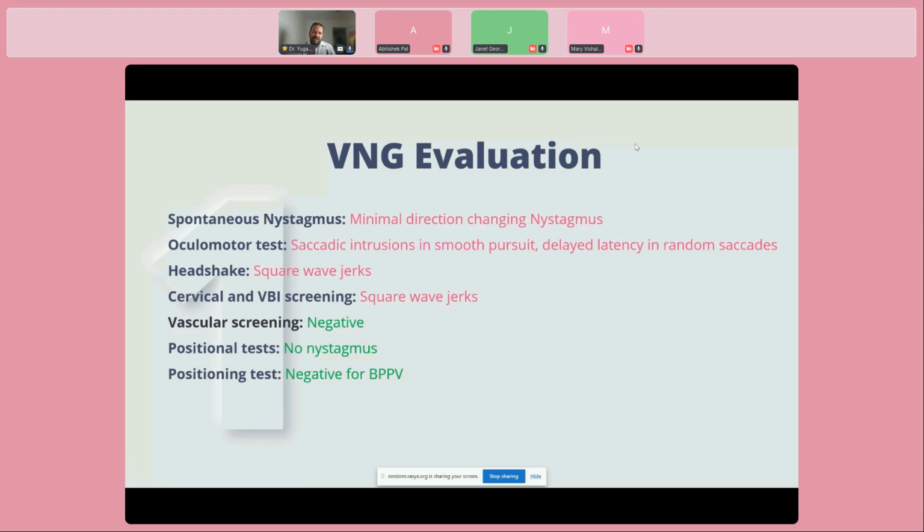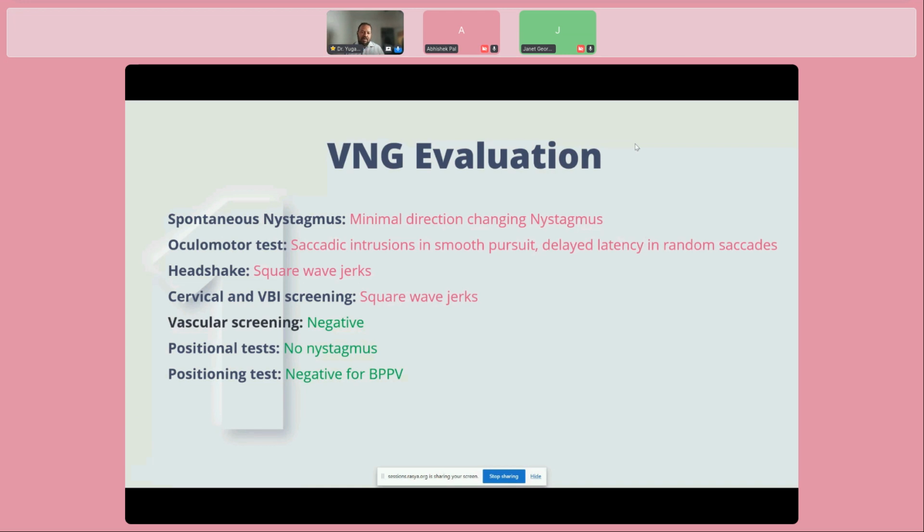Oculomotor testing showed some abnormalities like saccadic intrusions and delayed latencies, again indicating some central issues. Head shake resulted in square jerks, definitely central indicators. And cervical and VBA screening again indicated central indicators. And the rest, positional BPPV is negative, and all of them came out normal, but it doesn't indicate any peripheral issue, right?